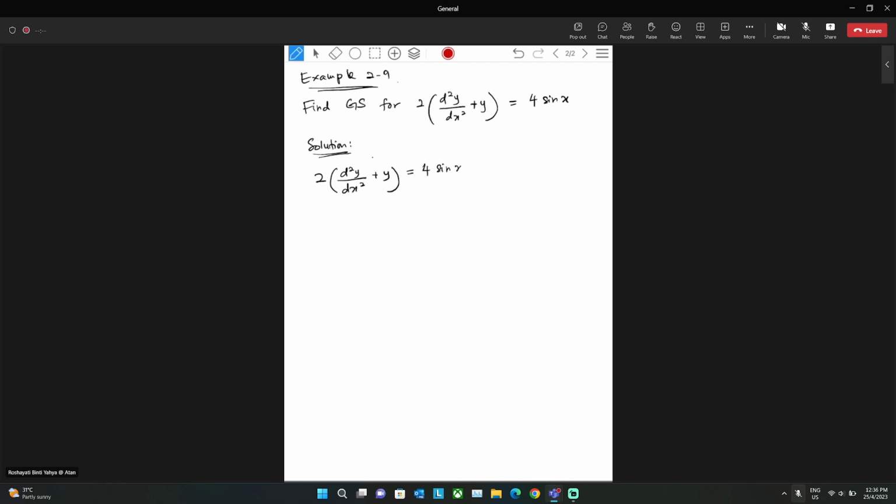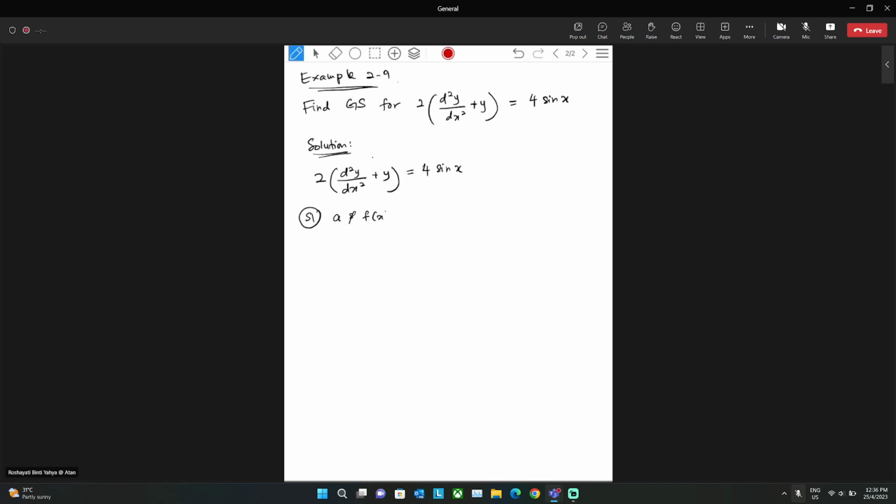For sine x. Right. Okay, step number 1. Explaining step number 1, you need to find a and f(x).